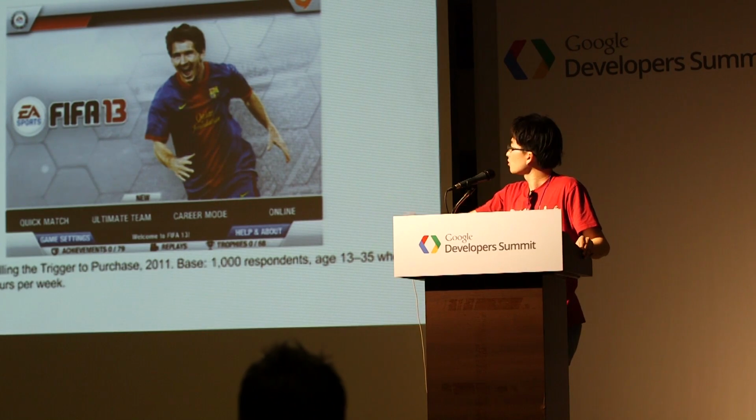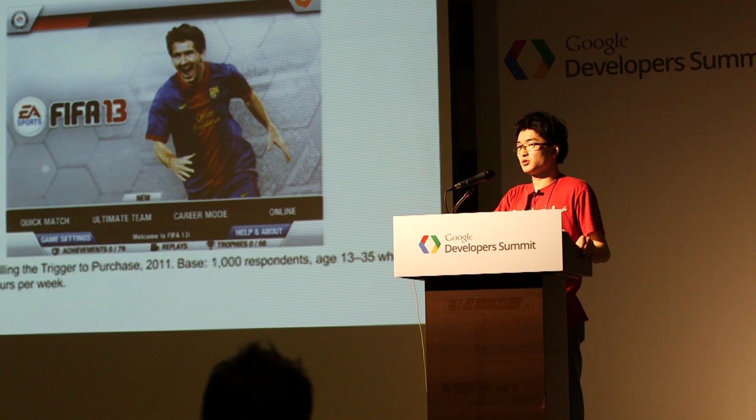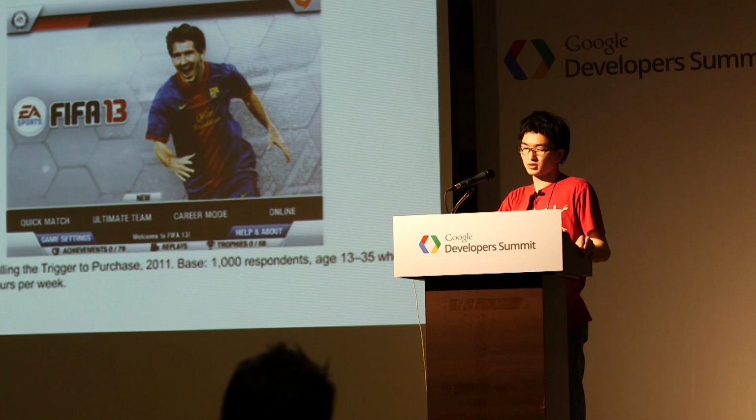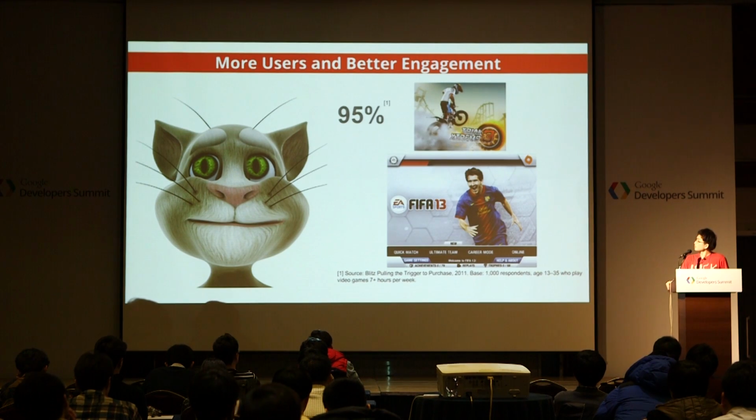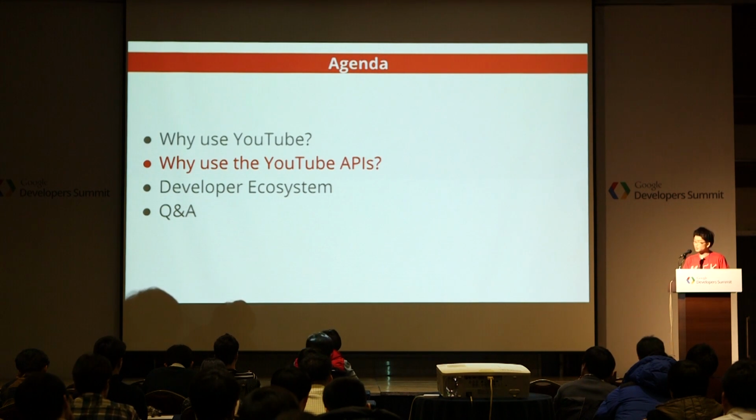Those three achieved great success on YouTube using the upload API. That is why I emphasize the YouTube API for game players and game developers. Now let's move on to why use the YouTube API.